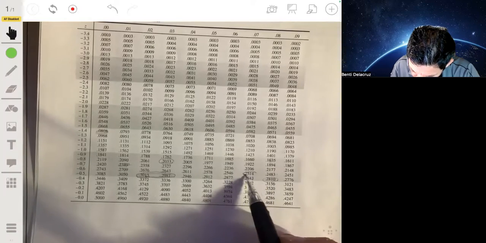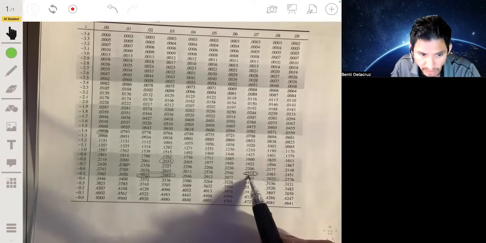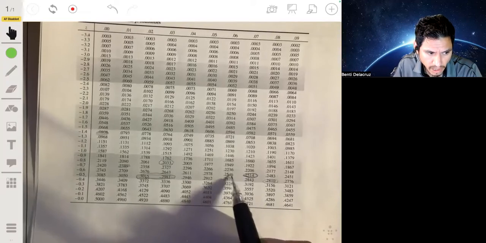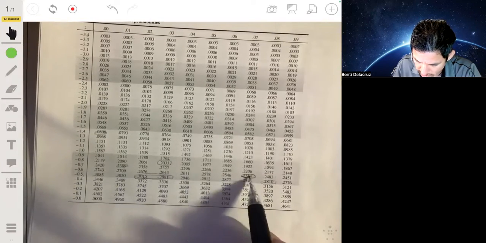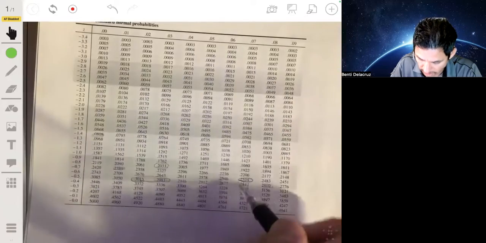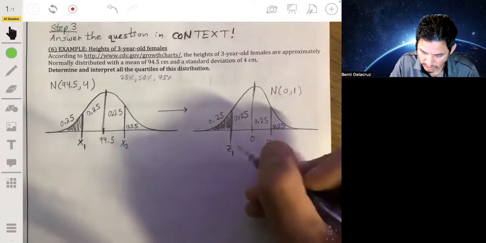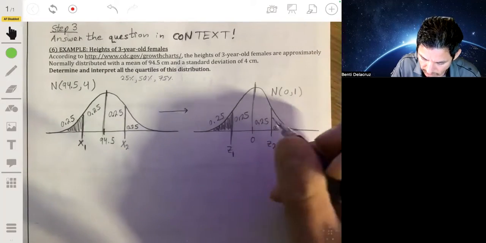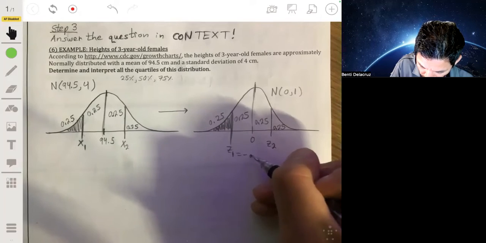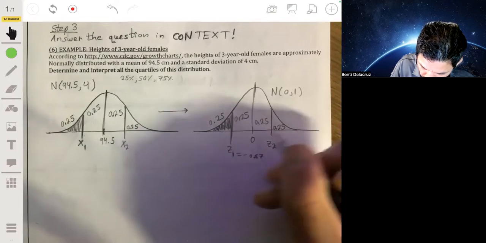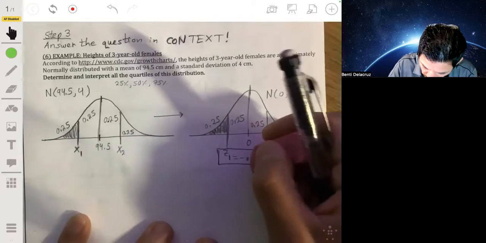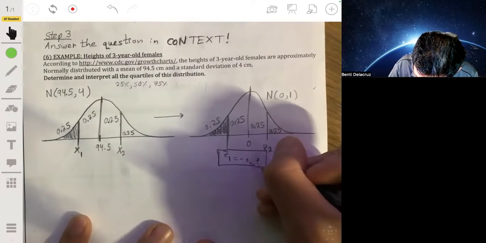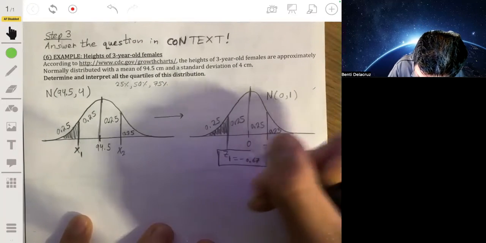It looks like the closest one will be 0.2514, and that corresponds with a Z-score of negative 0.67. So this first value, Z1, will be negative 0.67.